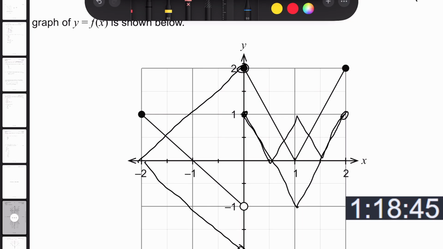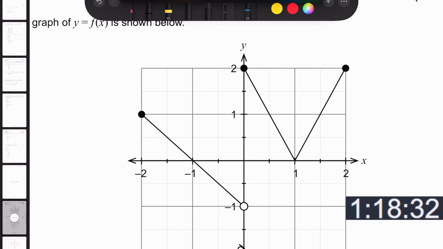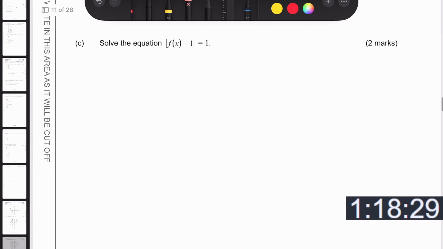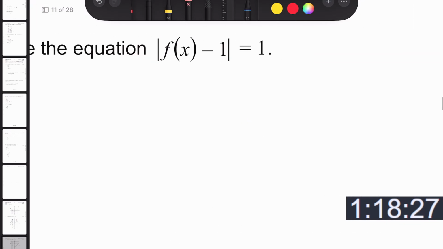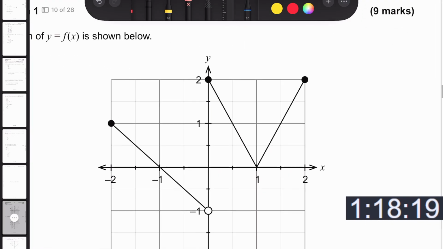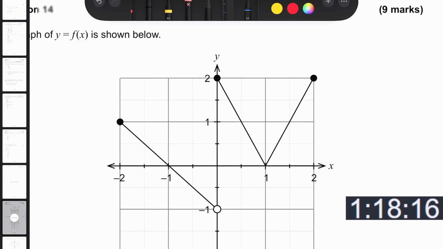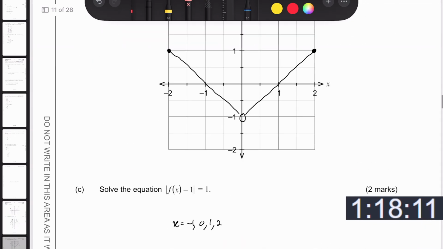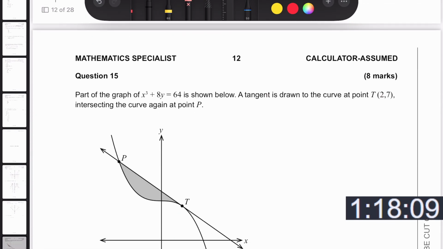So it's going to be negative 1, 0, 1, and 2. Negative 1, 0, 1, and 2. Yep, okay.